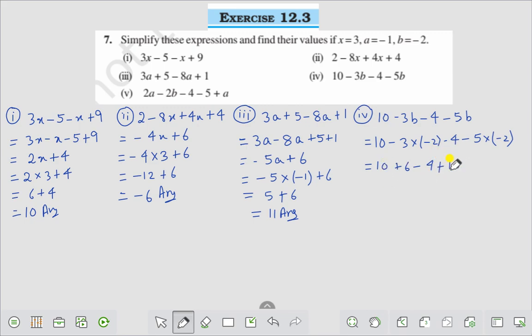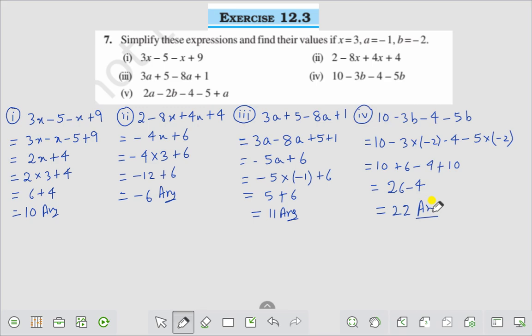Therefore we add all this, 10 plus 10 is 20, plus 6 is 26, minus 4, 26 minus 4 is 22. Therefore the answer is 22. This is the answer of question number 4.